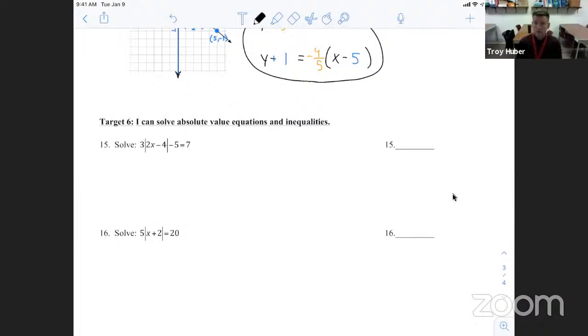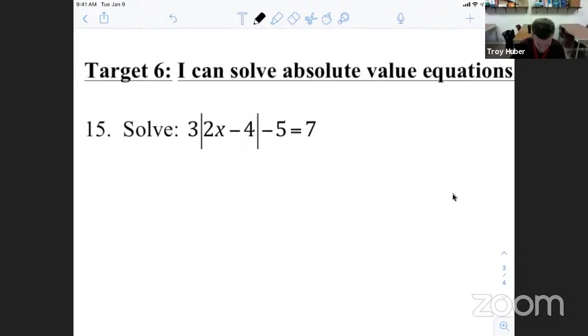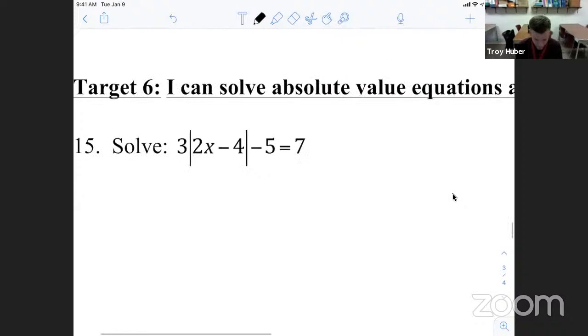All right, moving right along. We are now in target 6. Target 6 says, I can solve absolute value equations and inequalities. All right, so if I look at this first one here, I'm like, ooh, there's a lot going on here, right?